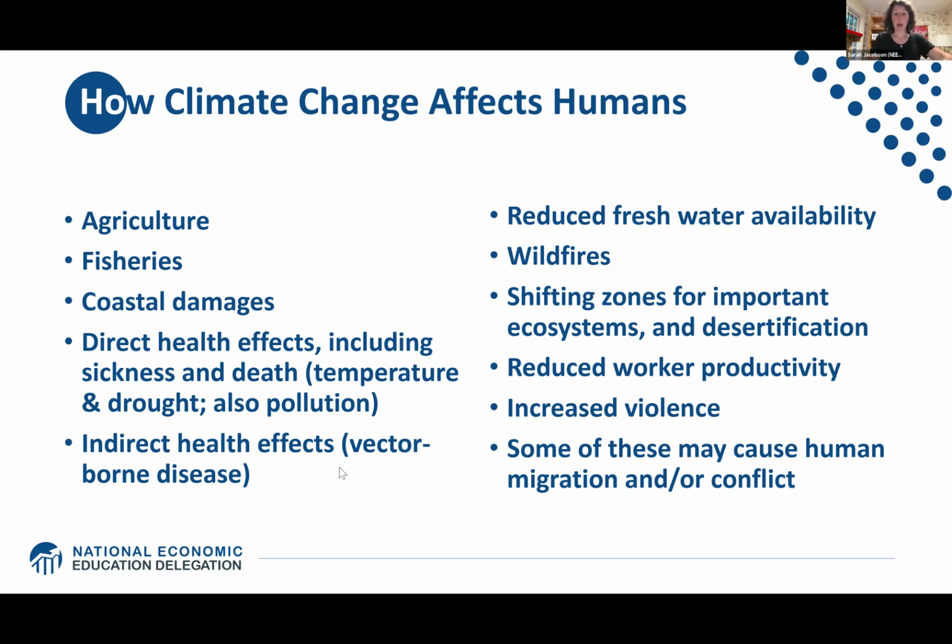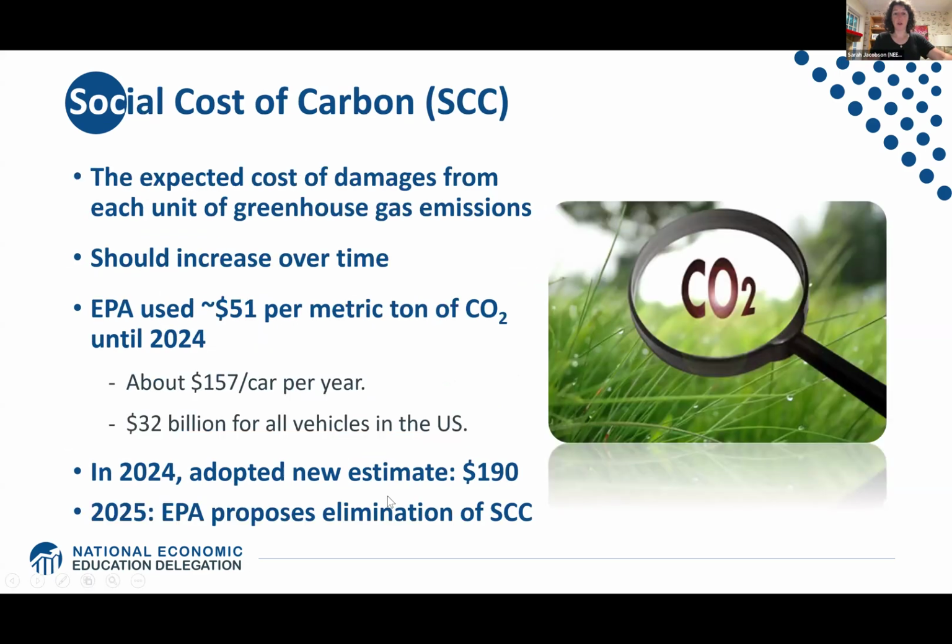So how do we do that? We have a construct that we call the social cost of carbon. This is a policy tool created by economists to put dollar values on each of those damages that we expect to happen as a result of climate change, and to just add them all up. And that tells us, for every ton of greenhouse gases that we put out, how much does it hurt us?